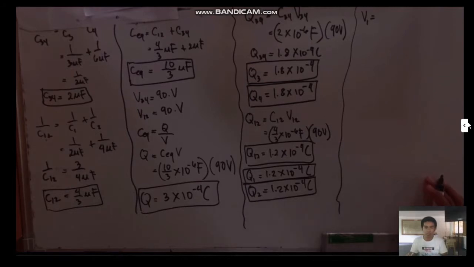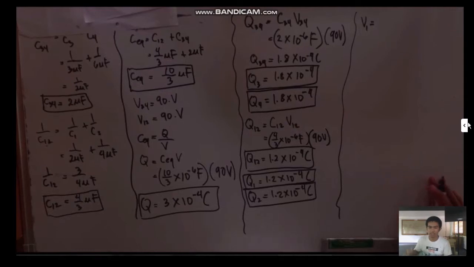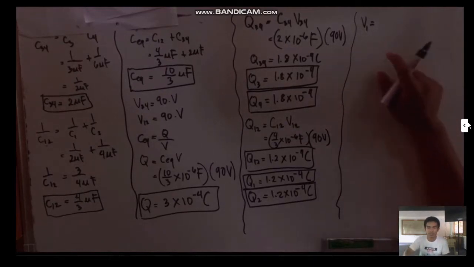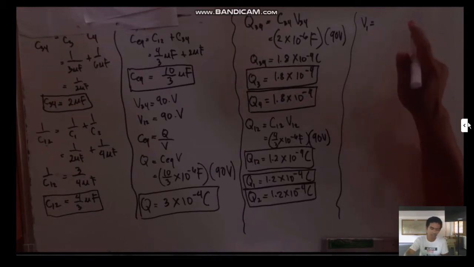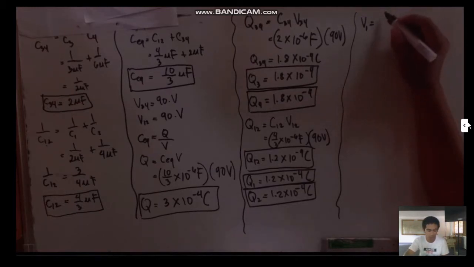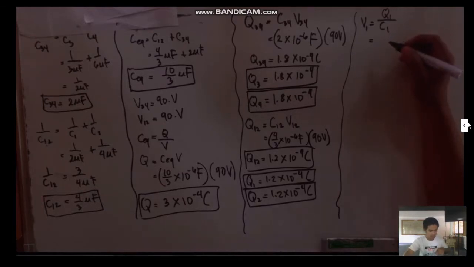So this time, we're going to determine the voltage across each capacitor. So let us start at the voltage 1, or the voltage across capacitor 1. Since C equals Q over V, then V equals Q over C, then V1 should be equal to Q1, charge of 1, over capacitance 1. So what is the charge of 1?